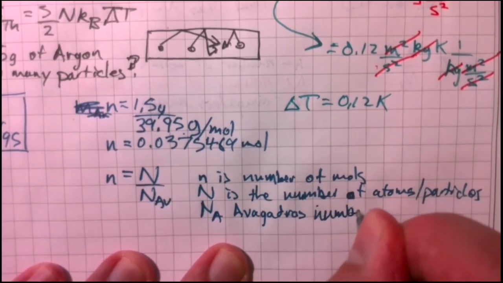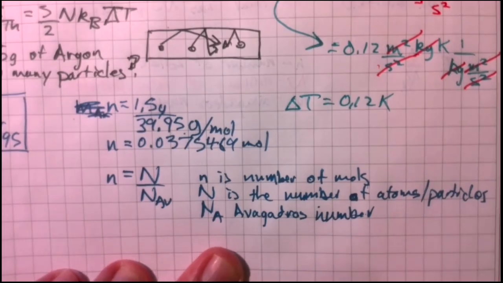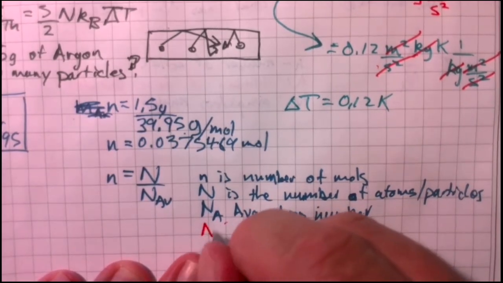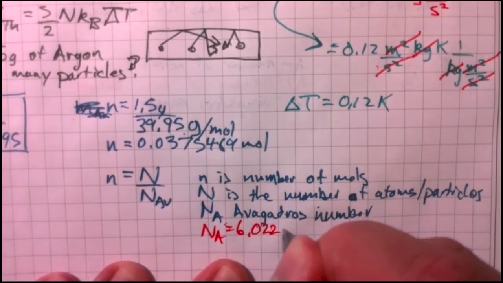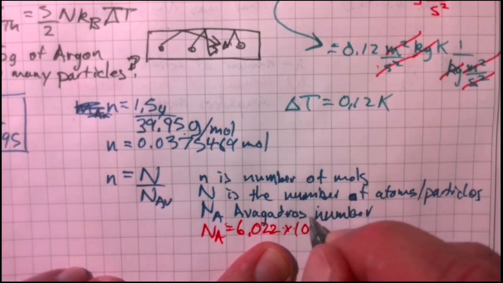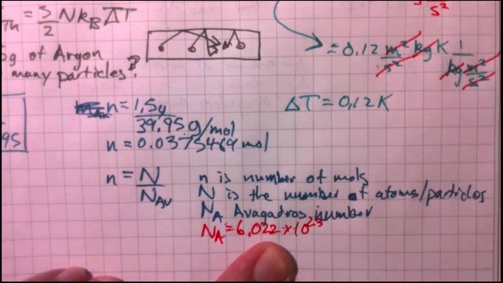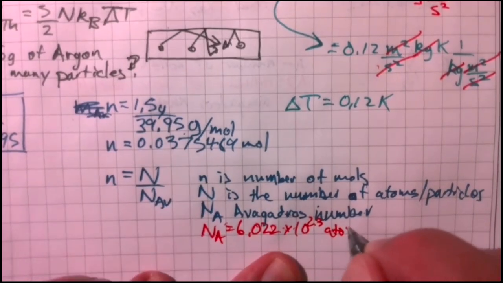Avogadro's number, of course, right? NA equals 6.022 times 10 to the 23rd atoms or particles.